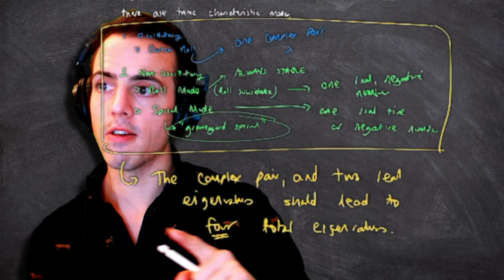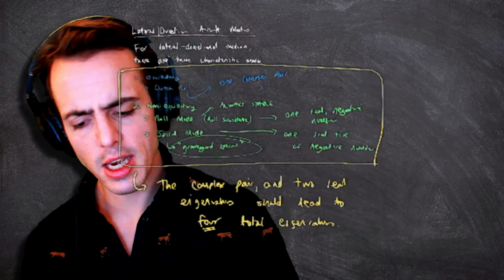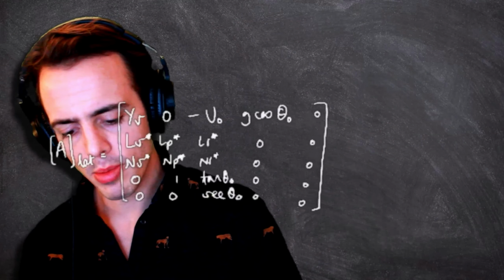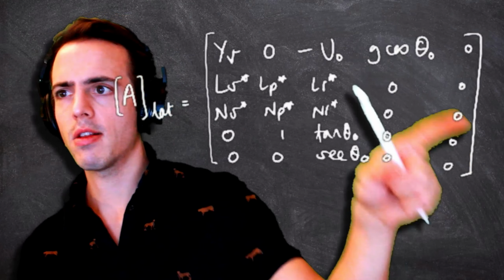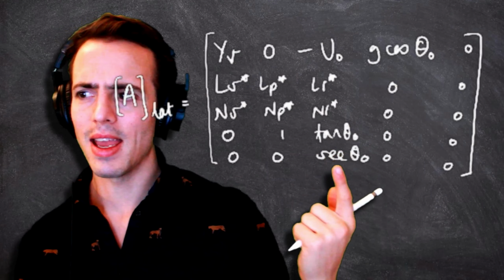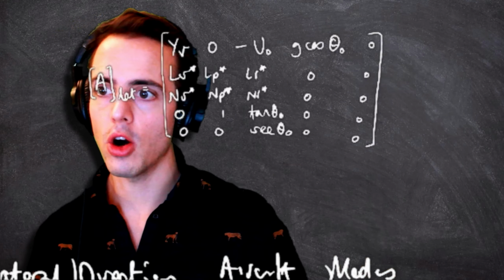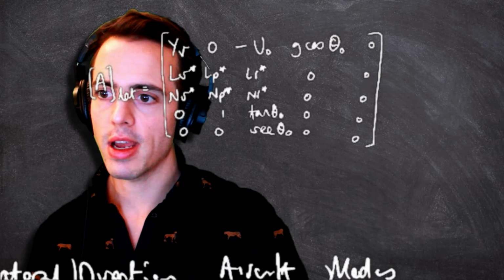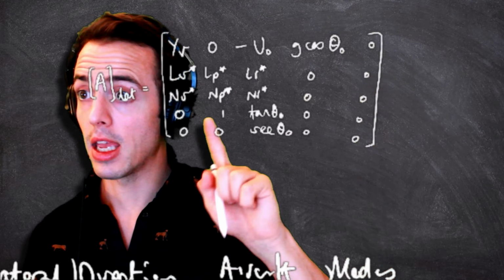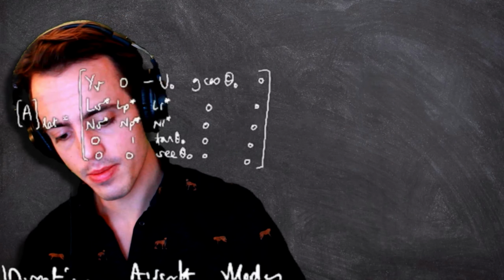So if we get the 4 eigenvalues out of a matrix, then we're fine. And this should sort of be causing a little bit of consternation for some of you, because we see here we've got a 5 by 5 matrix. So the characteristic equation of this matrix is going to be a 5th degree polynomial.